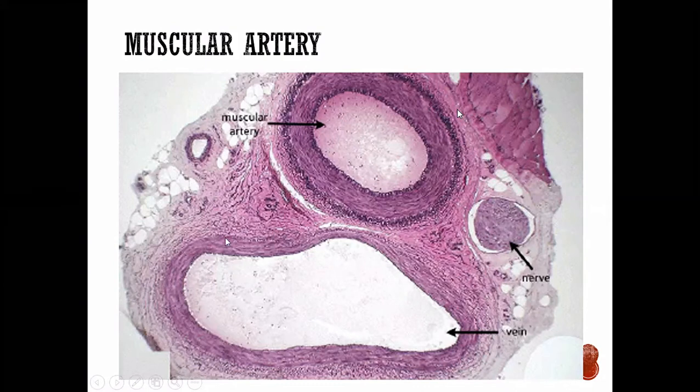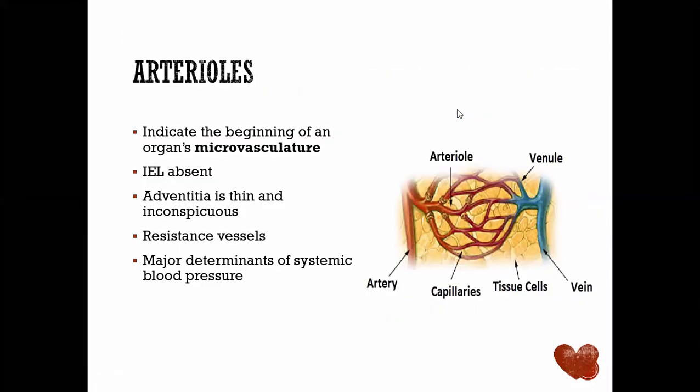This is your arteriole. So you see your muscular artery and your vein. The arterioles indicate the beginning of an organ's microvasculature.